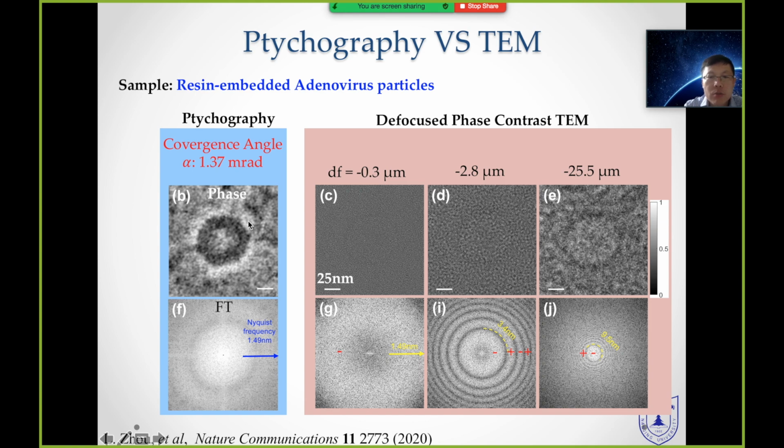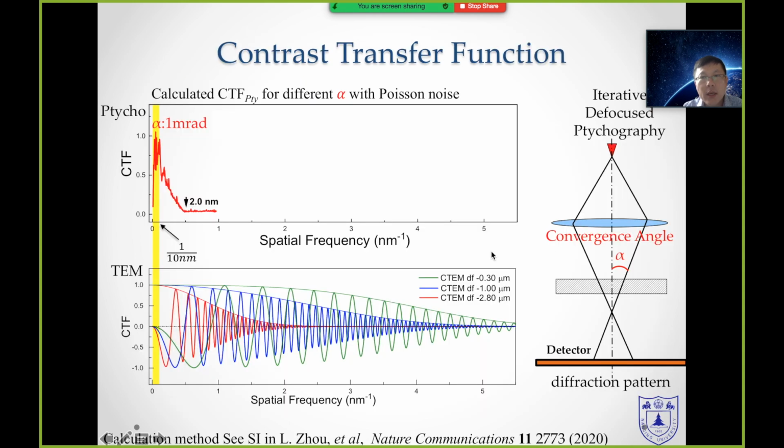The power spectrum of this image is continuous over its entire spatial frequency range and does not show the Thon ring-like pattern.